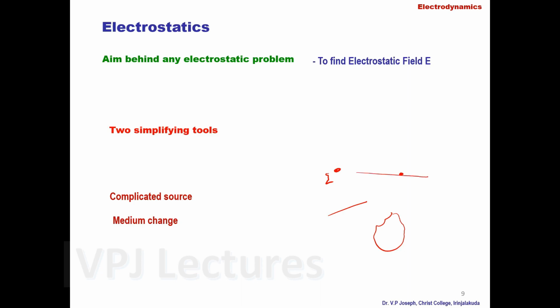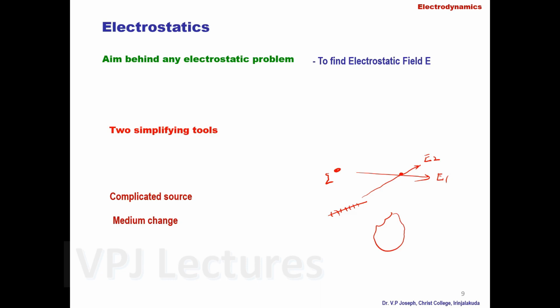So this produces an electric field, say E1. Then this line charge again produces an electric field that may be represented as E2. That itself is a combination, meaning we divide it into different regions, and from each region we have to find the electric field and take the total electric field.